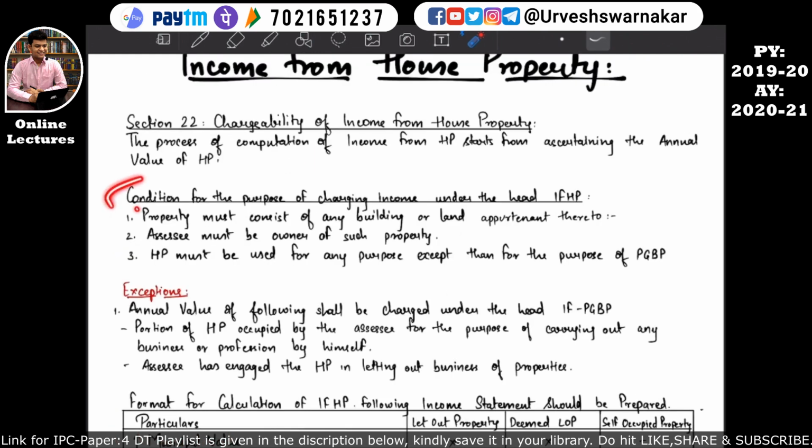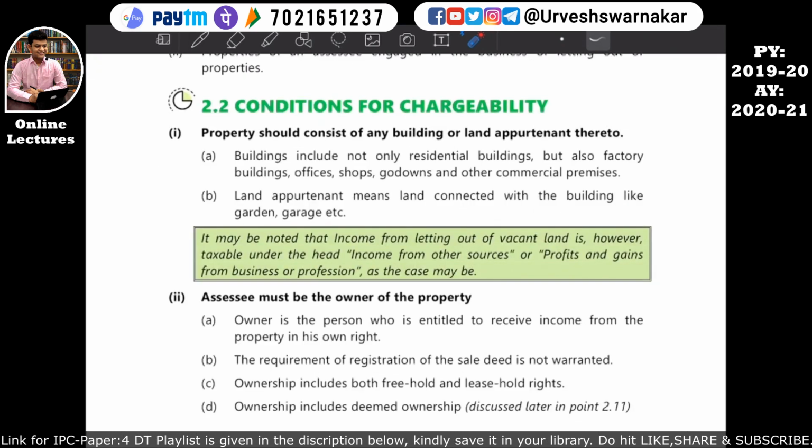Okay, the conditions for the purpose of charging income under the head of income from house property: the first condition is that the property must consist of any building or land appurtenant thereto. So from our study material we came to know what building means. Building includes not only residential building but also factory building, office, shops, godowns and other commercial premises.